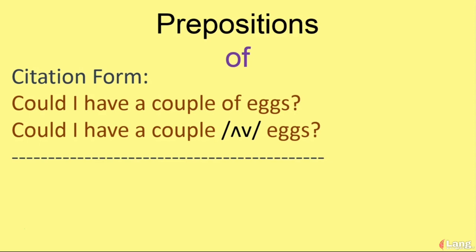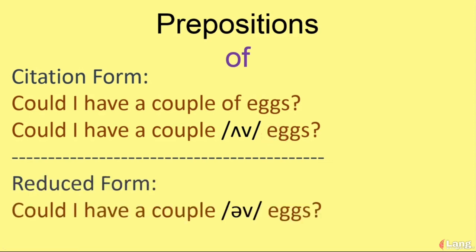However, there is a difference in how we reduce the preposition of when the word that comes after begins with a vowel. And in this sentence, the word begins with E, and we do not drop the V sound when the following word begins with a vowel.